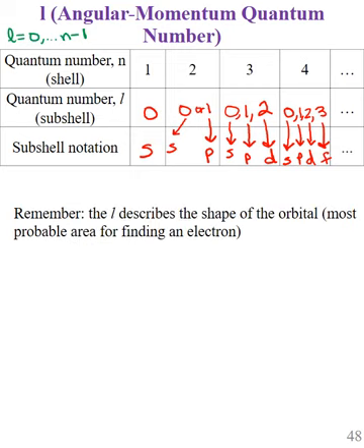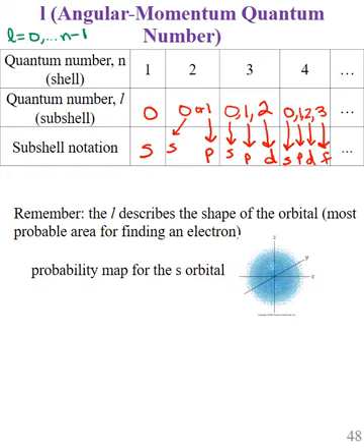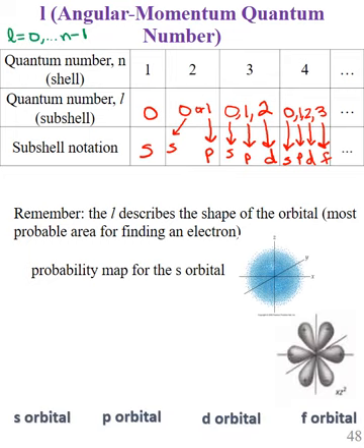Now, if we remember, L describes the shape of the orbital, and the shape is the most probable area for finding an electron. For example, this is an S orbital, and you see all these little dots on there. Those dots mean the most probable area that an electron will be found. It's kind of like a probability map. Now we can smooth out these rough patches and get smooth shapes.